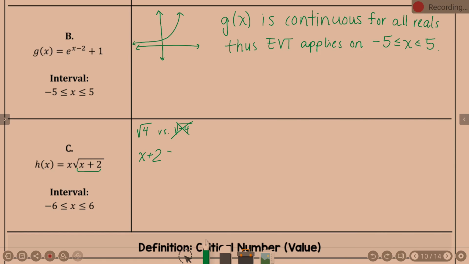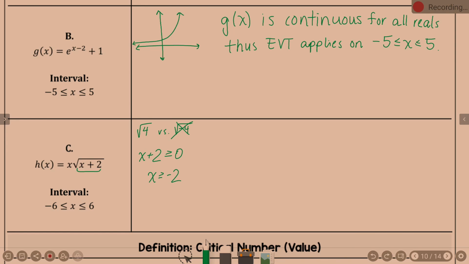When I say positive, I mean greater than or equal to 0. So x has to be greater than or equal to negative 2 when you solve that. In other words, any value I put in below negative 2 is going to make my square root negative and not a real number.